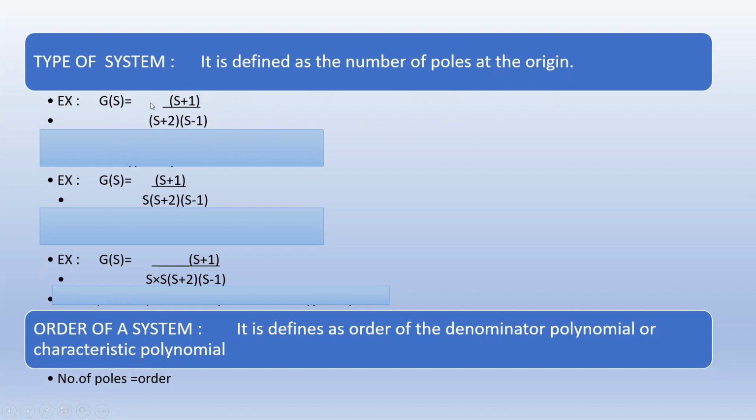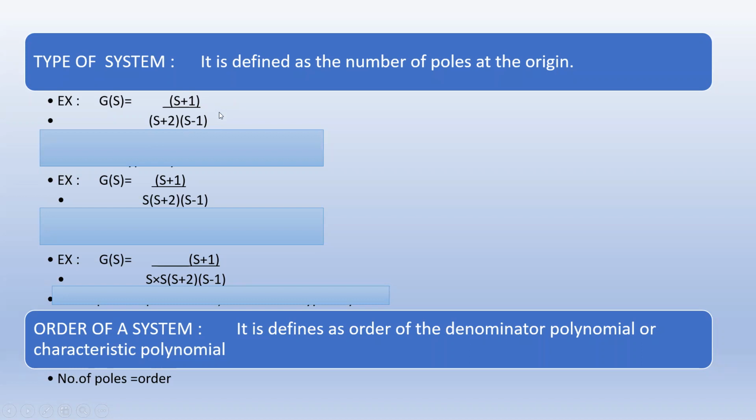In the first example, the transfer function is s plus 1 by (s plus 2) into (s minus 1). Here we have a zero at s equal to minus 1, because that is the solution for this numerator polynomial. And we have two poles, one at minus 2 and one at 1.